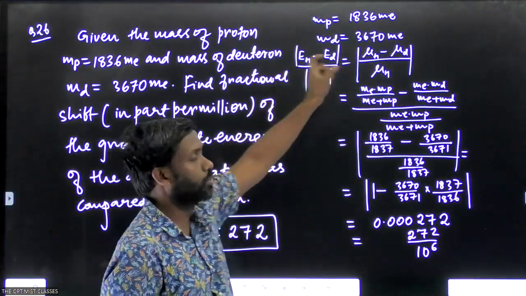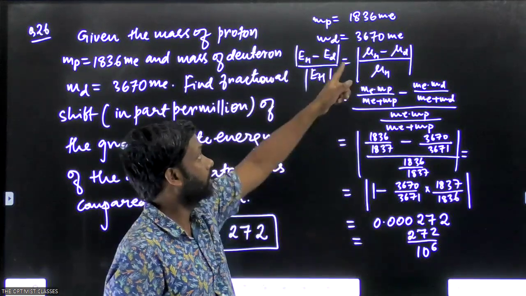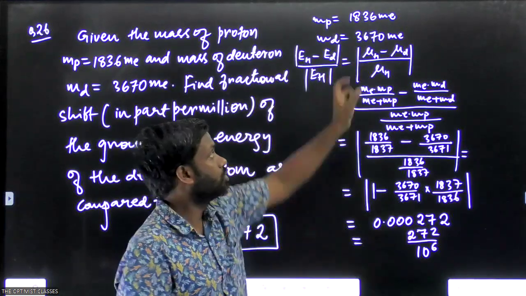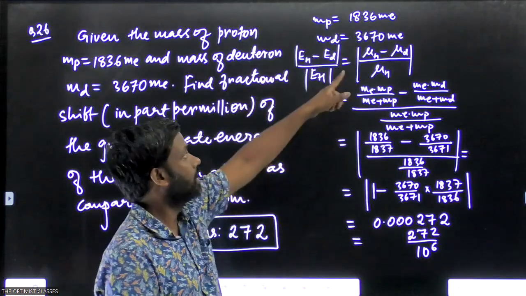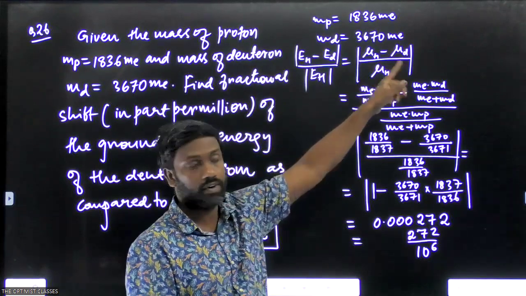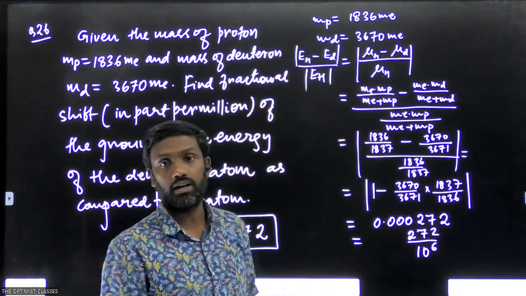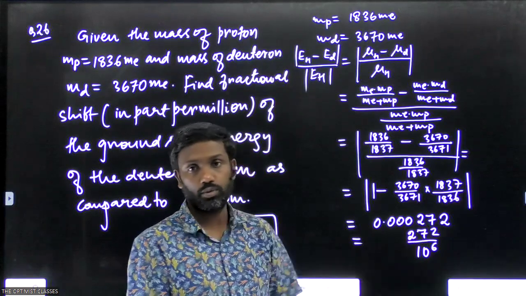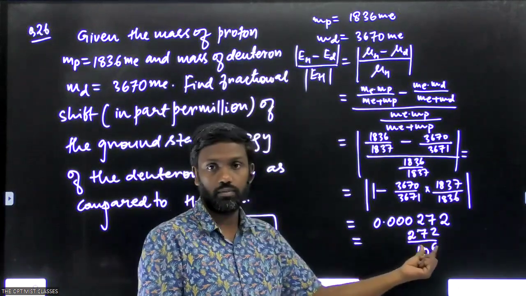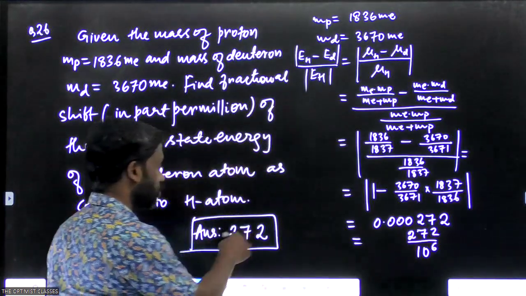Energy is proportional to the reduced mass, so other factors will all cancel out. Here we just write the reduced mass terms of these energies. When you do this calculation, you will get 272 divided by 10 to the power 6. So it is parts per million, and that's why we'll say the answer should be 272.